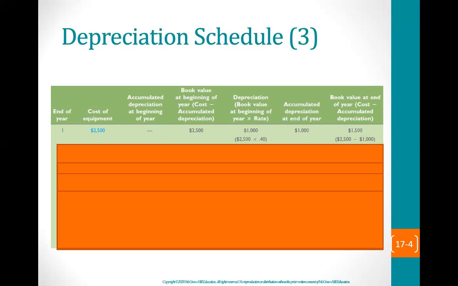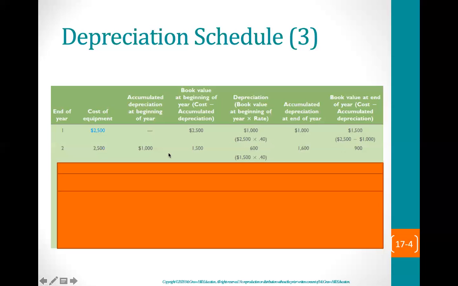As you can see, we're taking a lot more depreciation than we did when we did it with the straight line method. When we did depreciation with the straight line method, we took $400 a year. We're taking $1,000 here. Year 2, pay close attention to year 2. Your cost of your equipment remains the same. Your accumulated depreciation at the beginning of the year is $1,000.